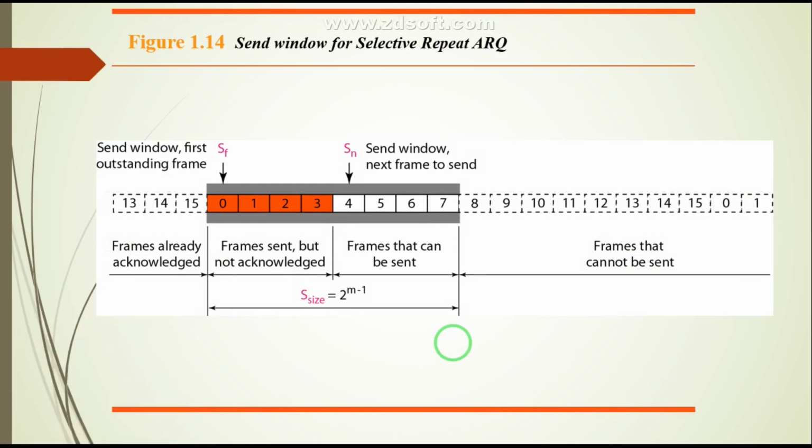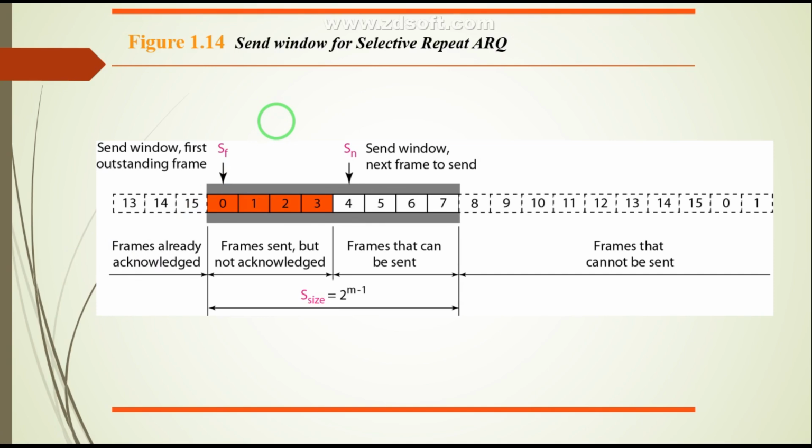So students, in Go-Back-N ARQ, the process at the receiver side is very simple. The receiver keeps track of only one variable, because the receiver window size is only one, and there is no need to buffer out-of-order frames. They are simply discarded.